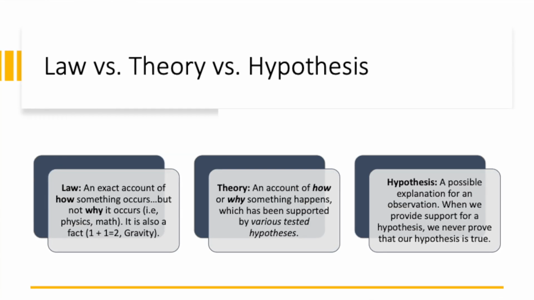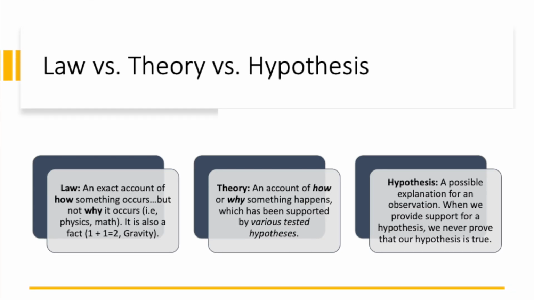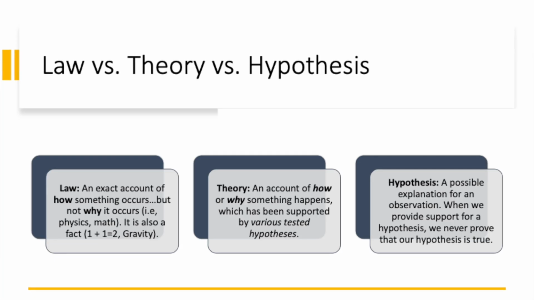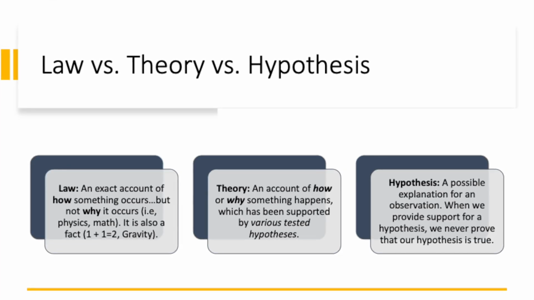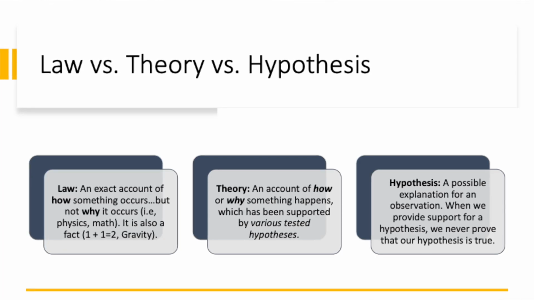So our theories are basically an account of why something happens. But I want to correct a common misperception about a theory. Some people, when they hear, for example, the theory of evolution, they say, well, that's just a theory, as if the theory was simply an idea that someone came up with randomly. And that is not the case, okay?